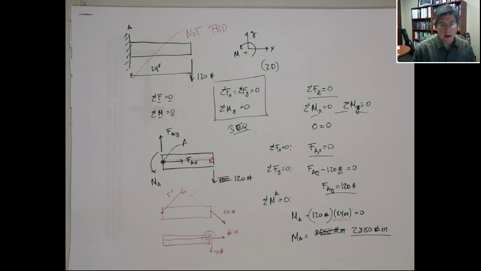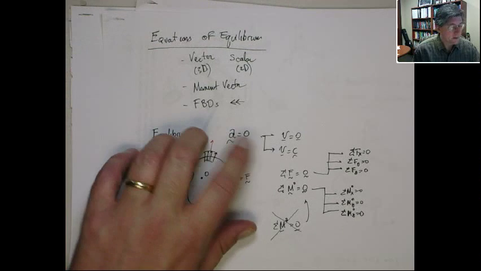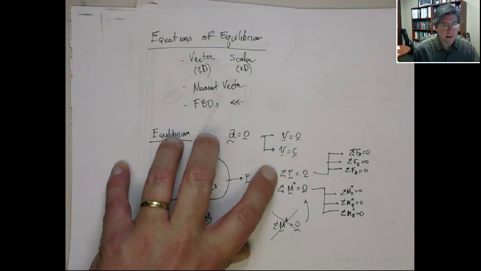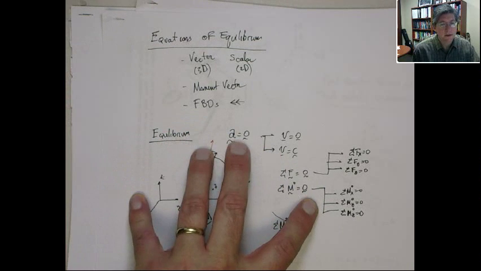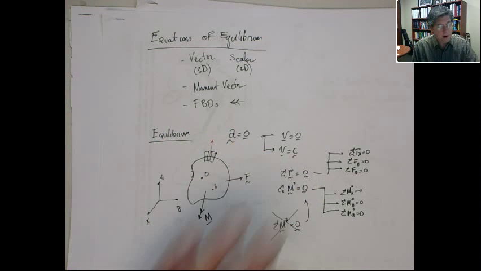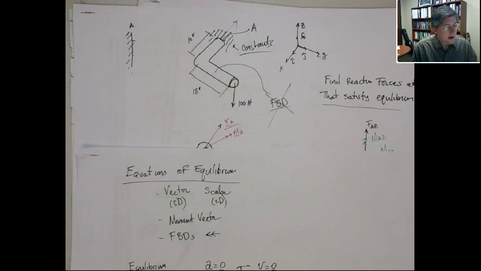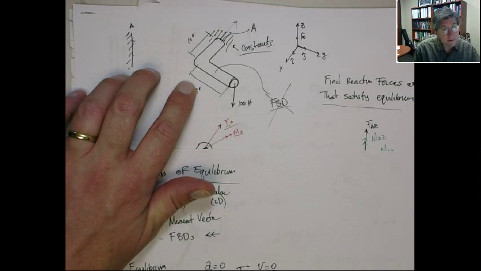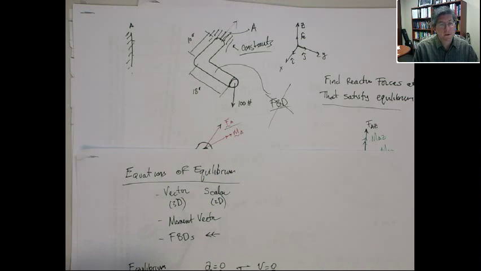So that's the equilibrium equations. All right. Sum of forces and sum of moments. They can be either vector or scalar form. When you're doing 2D or 1D, probably the scalar form is easier. If you're doing 3D problems, I tend to prefer vector form, but you can do the 3D scalar approach if you wish.